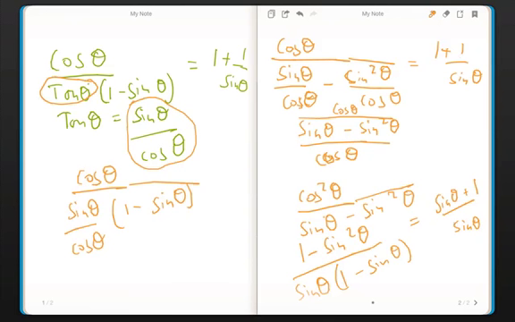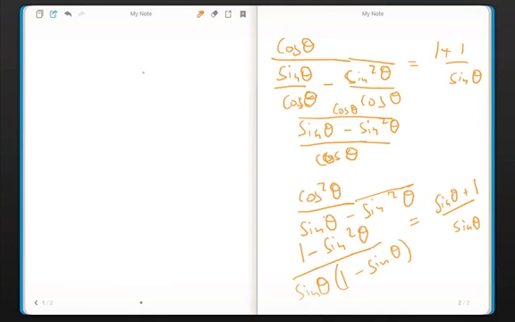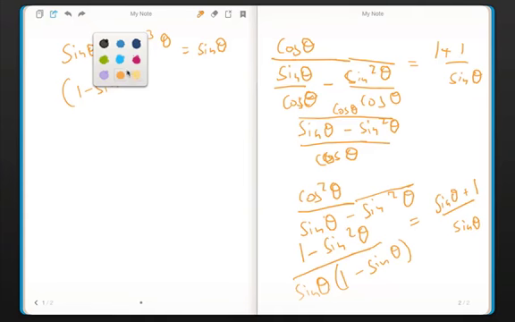Now if we simplify this, let's cross multiply first. So we'll have sine theta minus sine cube theta, I hope you see how I got that, equal to sine theta into 1 minus sine theta into 1 plus sine theta.